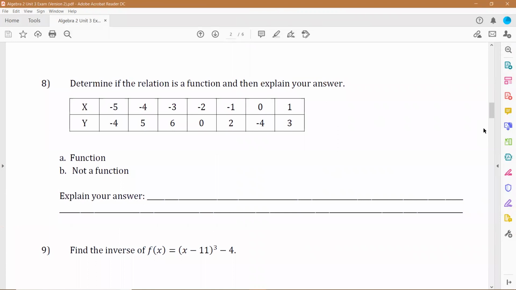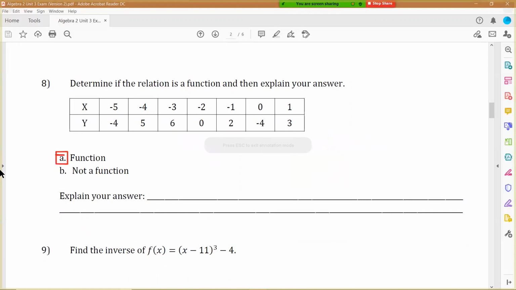Question number 8. Determine whether a relation is a function and explain your answer. What letter matters, the x or the y? X. So look through your x's. Did we push any of the same buttons twice? No. Automatically a function. So this is a function.